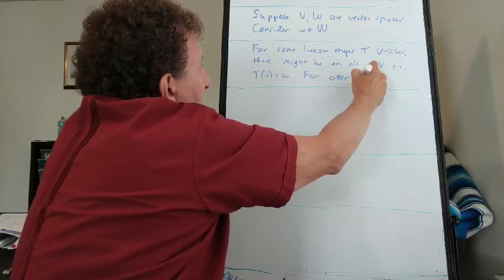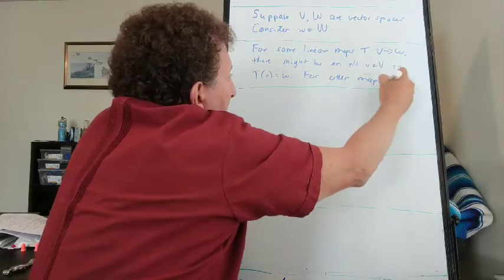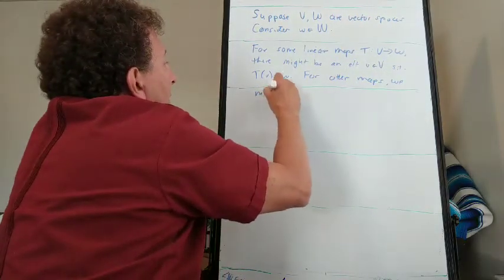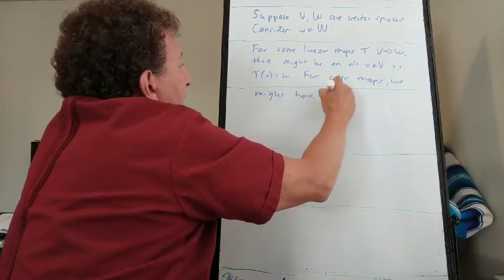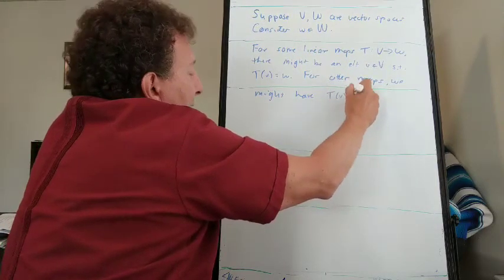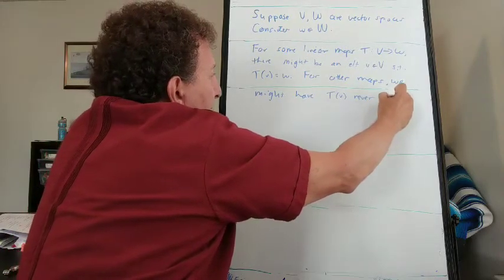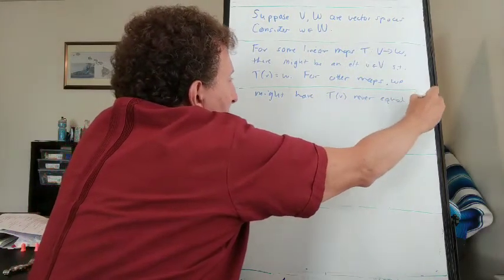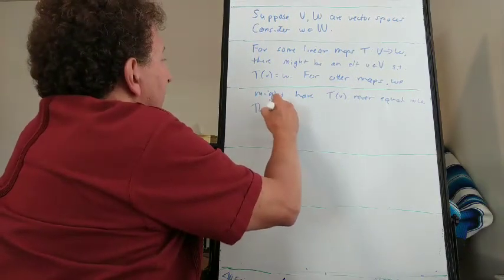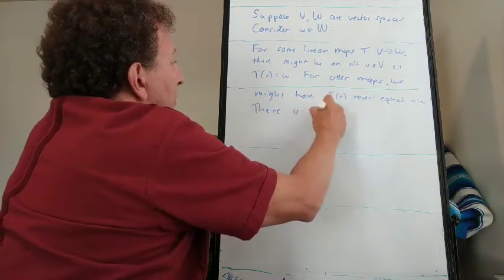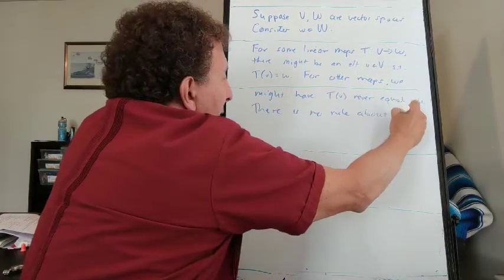For other maps, we might have T of v is never equal to w. So there's no rule about linear maps.